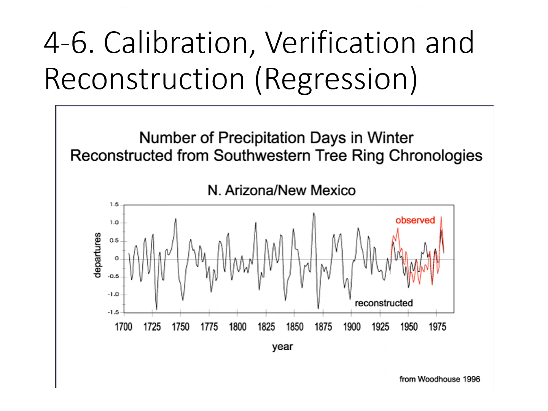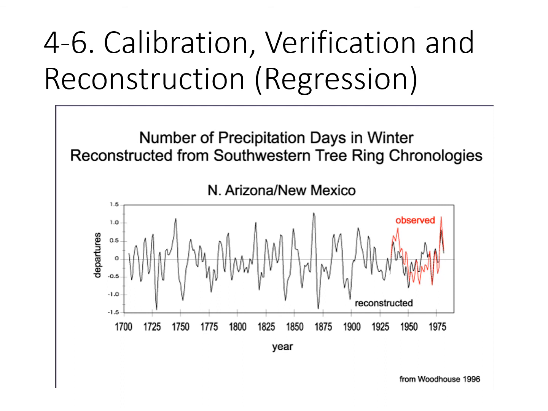The red line shows actual observations, and the black inferred values from tree ring widths. Notice the section where the black line and red line overlap. Calibration involved using the first half of the record, shown in red, about 1980 to 1950, to determine a relationship between tree ring widths and number of precipitation days in winter.